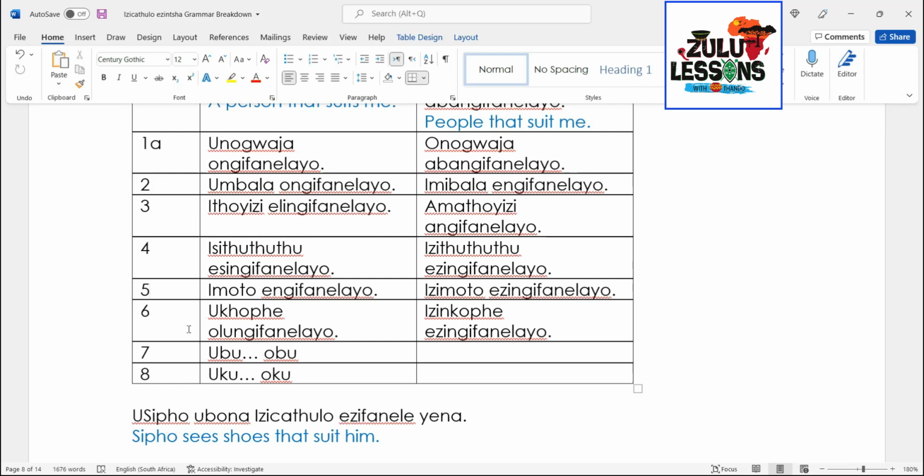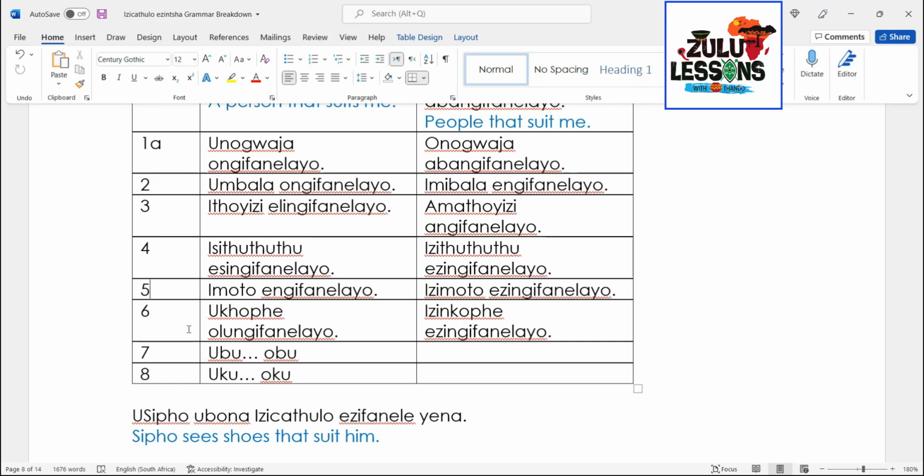So not imoto, because then it becomes another language. So let's pull that O. Imoto engifanelayo. Imoto engifanelayo. So that e, to describe a noun that starts with i-m or i-n.